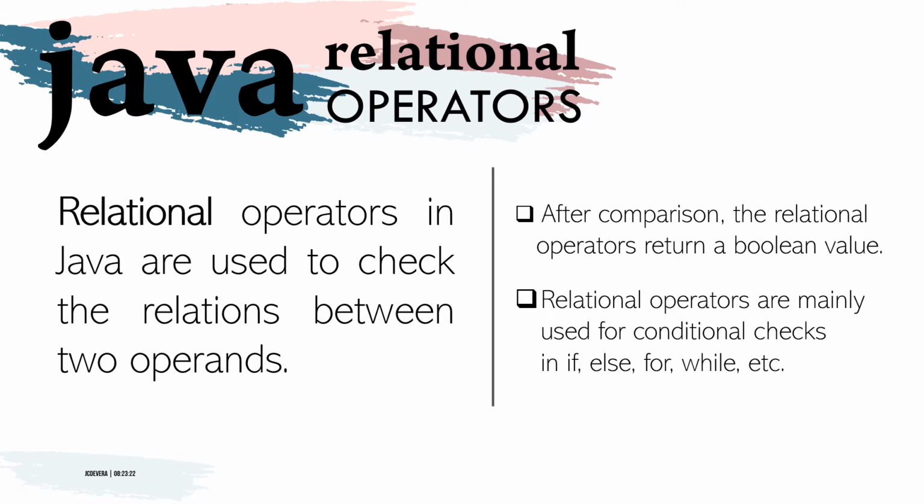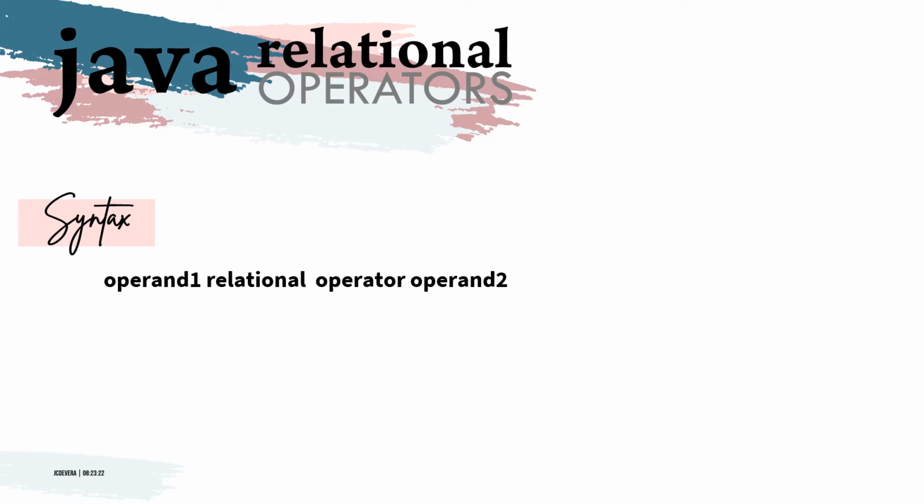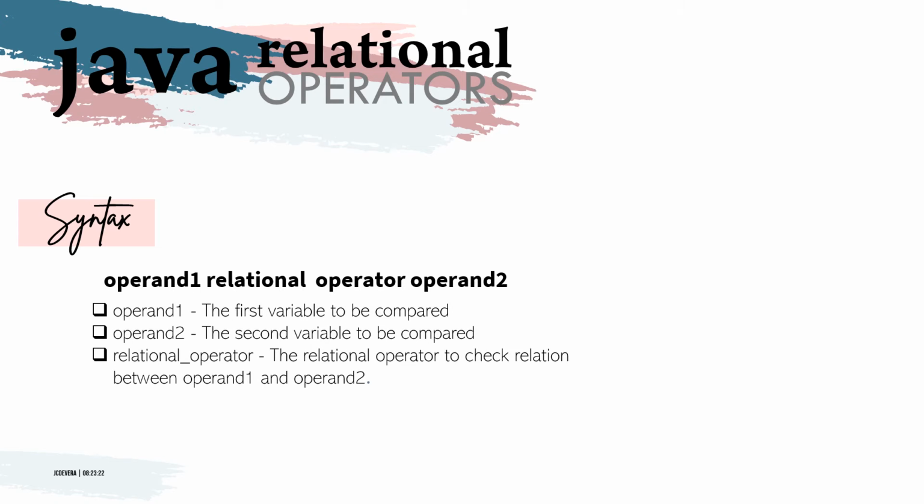Relational operators are mainly used for conditional checks in if, else, for, while, and others. The syntax for Java relational operator is operand 1 followed by relational operator and then operand 2.